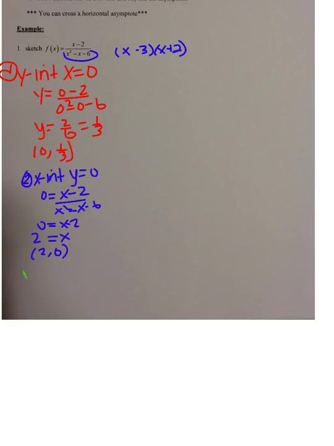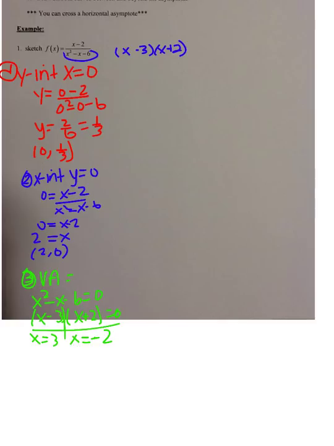All right, so this is number 3, my vertical asymptotes. My vertical asymptotes are where the denominator is equal to 0. So I factor, I get x minus 3 times x plus 2 equals 0. x equals 3 and x is equal to negative 2. Those are my vertical asymptotes.